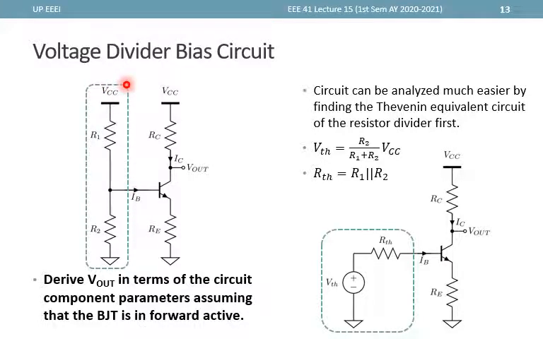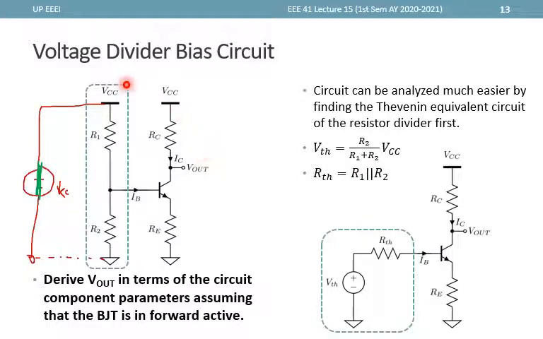And when we turn off the supply, say we have this original VCC, meaning VCC becomes 0, it actually acts like a short circuit when the voltage is 0. And thus, from this point relative to ground, what we see is a parallel R1 and R2.